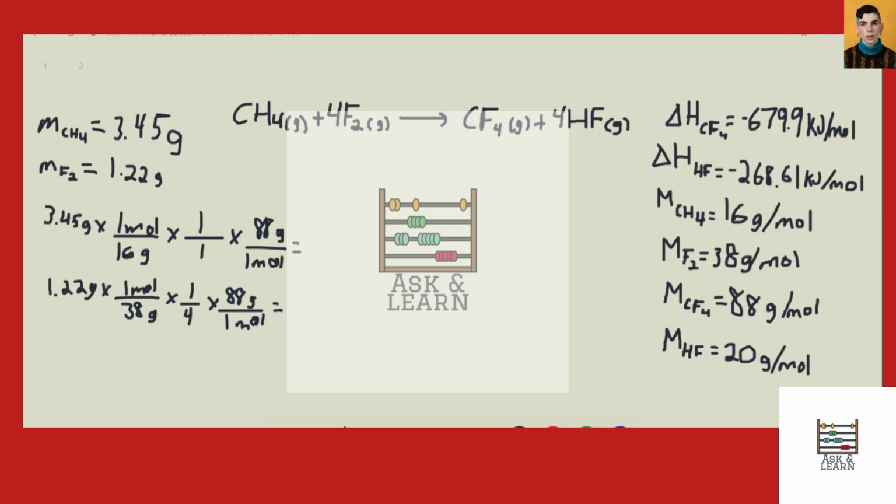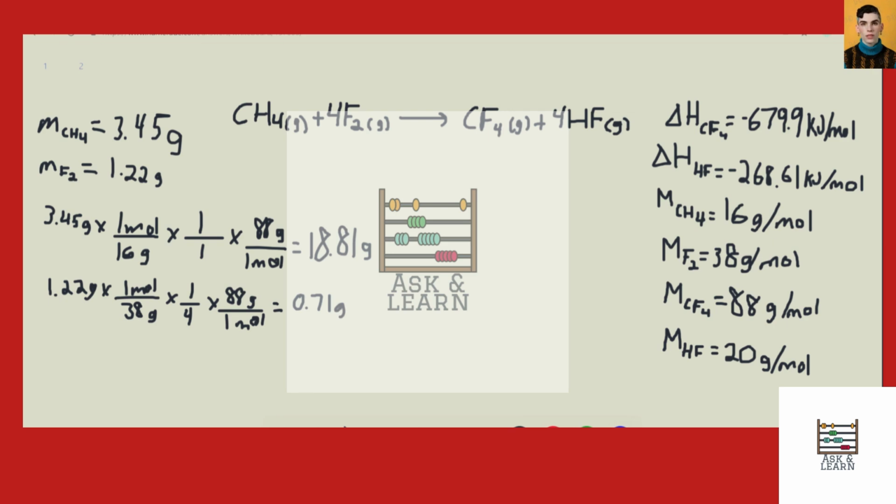So our two answers are 3.45 divided by 16 times 88, which is 18.81 grams, and 1.22 divided by 38 divided by 4 times 88, which is about 0.71 grams.